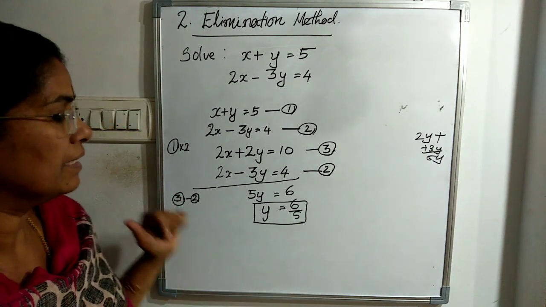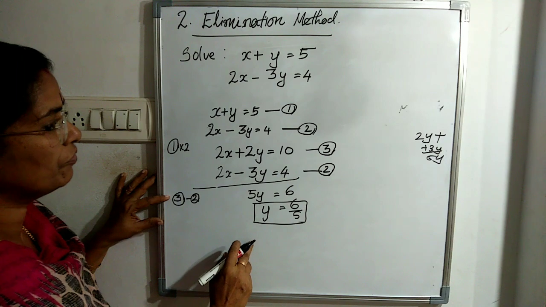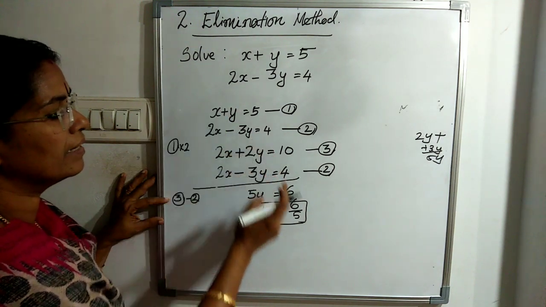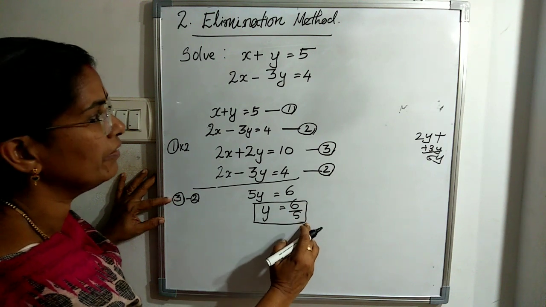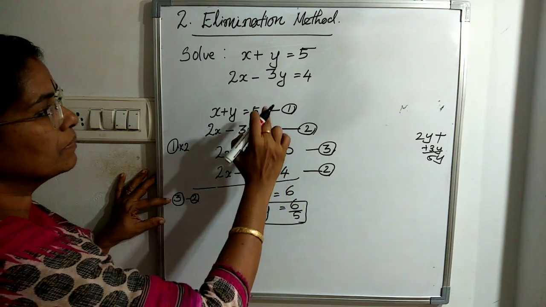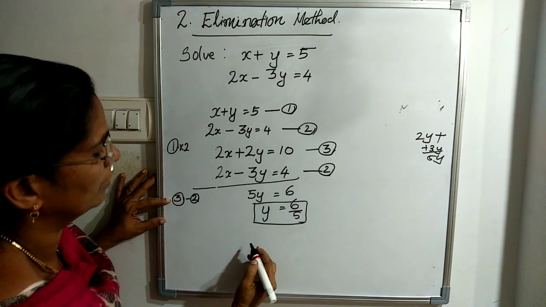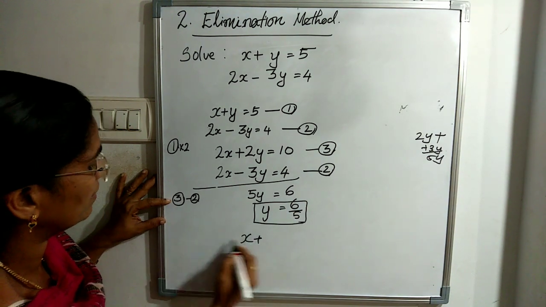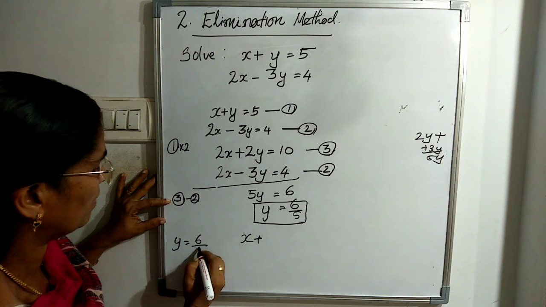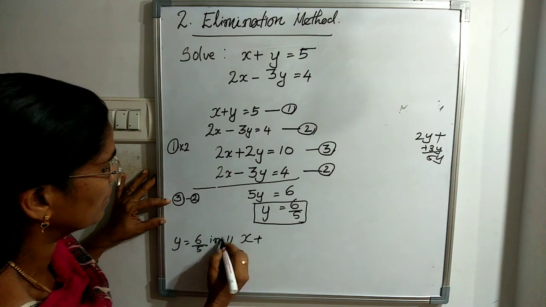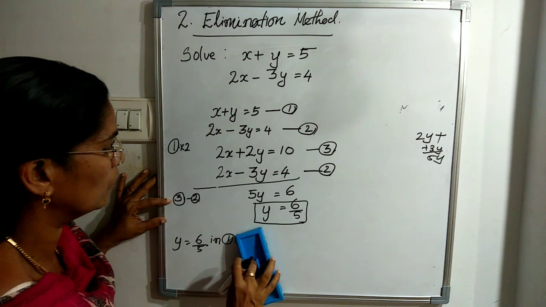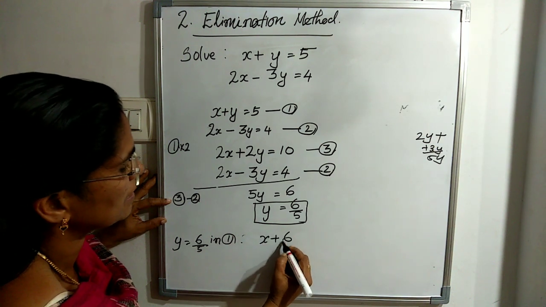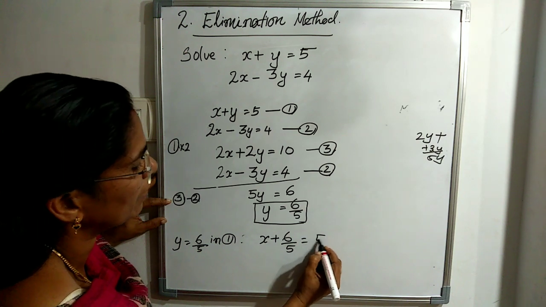And the next step is, you have to find the value of x. You can select any one equation and substitute y equal to 6 by 5 in that equation. I am selecting equation 1. Substituting y equal to 6 by 5 in equation 1: x plus 6 by 5 is equal to 5.